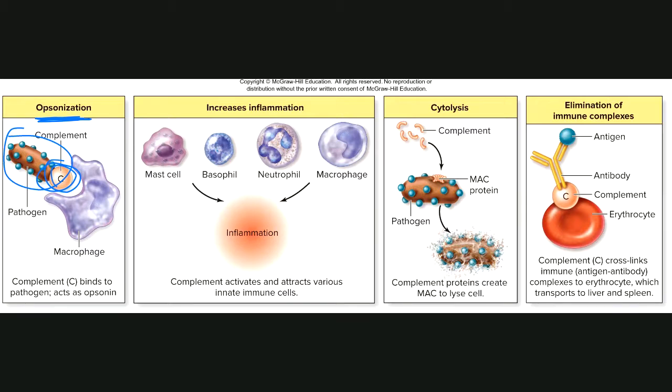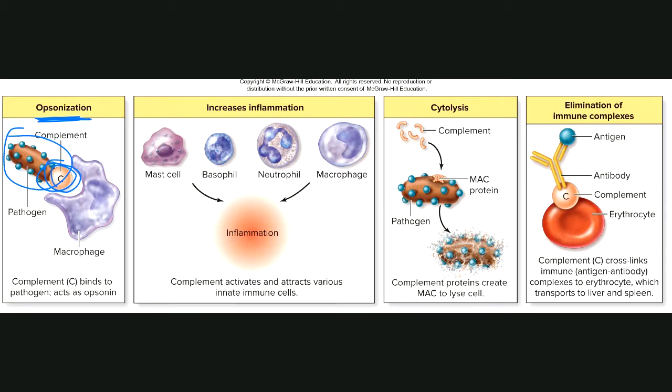Okay, that's opsonization. The complement system in general also helps with the inflammatory response. It helps with attracting various cells, among other things. So it just supports inflammation. You don't need to go into detail about how. It can also cause cytolysis: cyto for cell, lysis for falling apart.